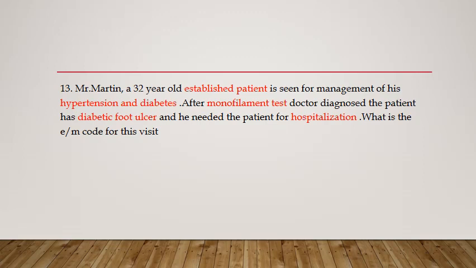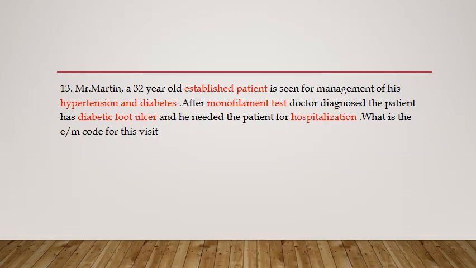Next question. Mr. Martin, a 32-year-old established patient, is seen for management of his hypertension and diabetes. After a monofilament test, the doctor diagnosed that the patient has a diabetic foot ulcer and admitted the patient for hospitalization. What is the E&M code for this visit?